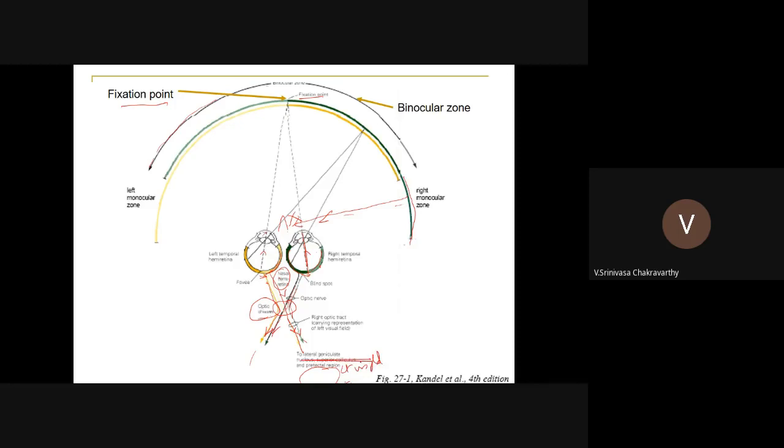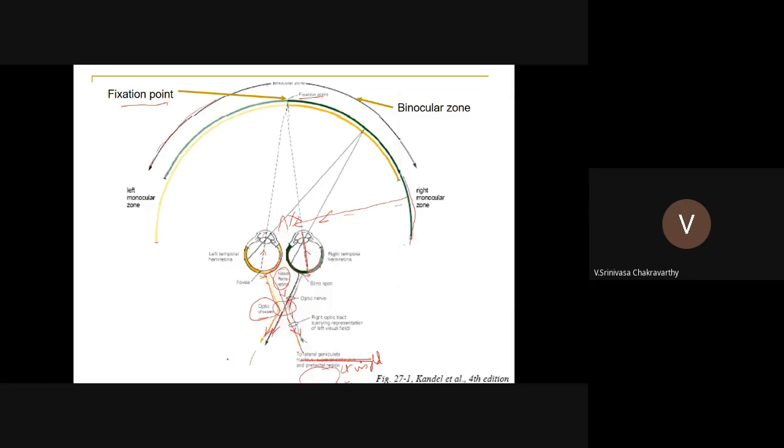Left visual field information is available in two places, here and here, and both these sources of information are nicely recombined through this brilliant rerouting of fibers, and all of it is taken to one place.